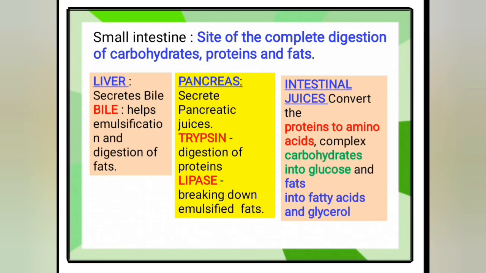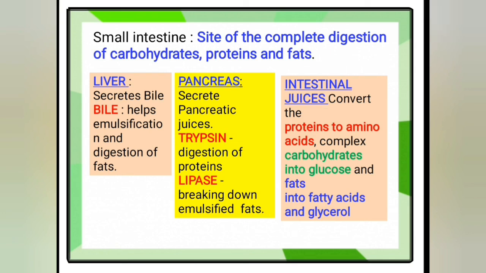Okay. The pancreas is going to secrete two pancreatic juices. One is trypsin. Trypsin is going to help in digestion of protein. Then lipase. Lipase is going to help in emulsification of fats. Apart from that, you have intestinal juices which help in the conversion of protein into amino acid.